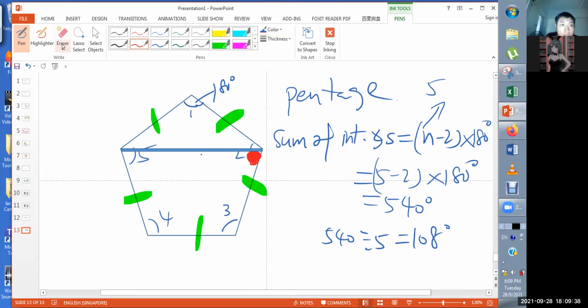Oh, this is 108, not 180. Sorry. How do you find it? Can you tell me what's the angle for the red one? You can do this on a piece of paper or on your iPad, up to you.